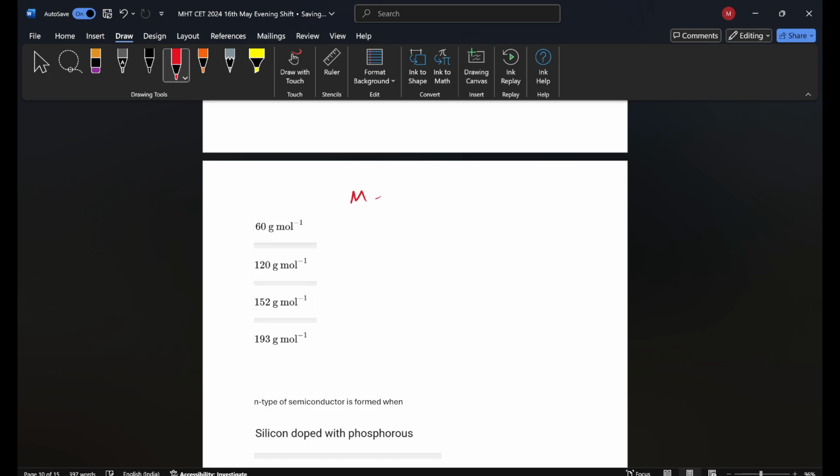Molar mass is asked, so the formula is density 10 into a cube, that is 64 into 10 raised to power 24, into 6 into 10 raised to power 23, by 2. Now 6 into 6 is around 36. 36 into 10, 360. 64 into 60, let's do that first.